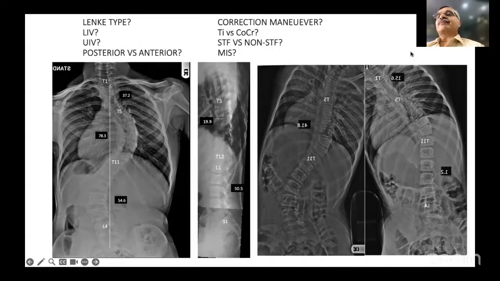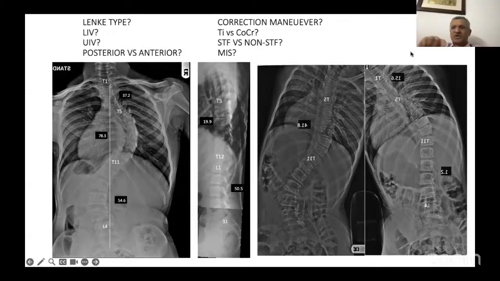So only facetectomy, and that's what we do for putting the thoracic screws. Also remove the interspinous part of the ligaments, and then, if necessary, remove the superficial part of the ligamentum flavum, but keep the ligamentum flavum intact.